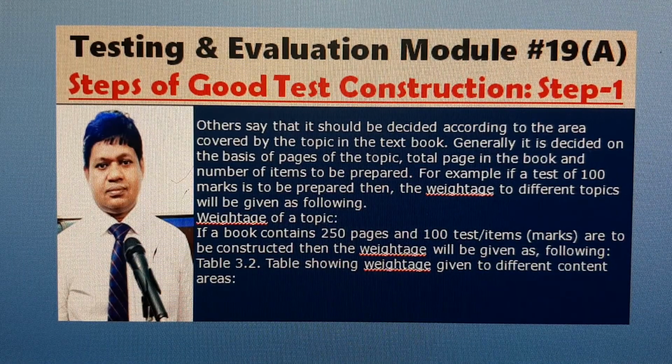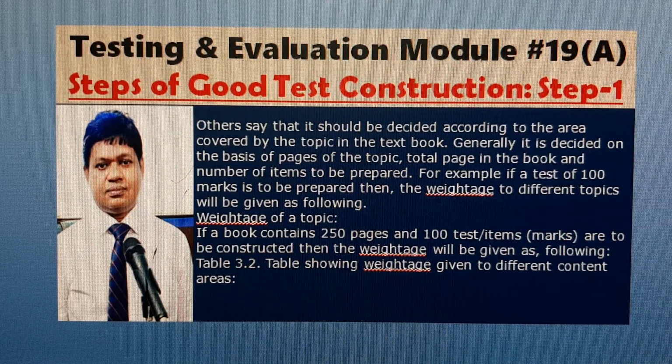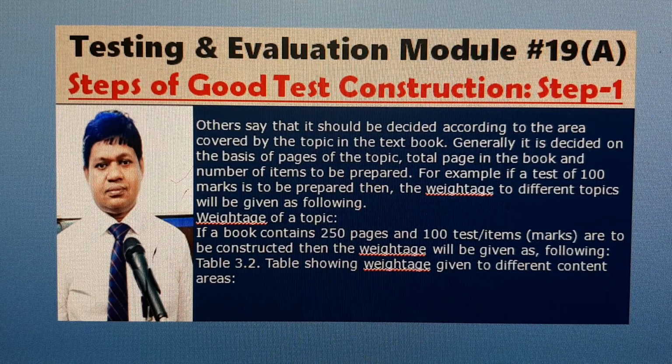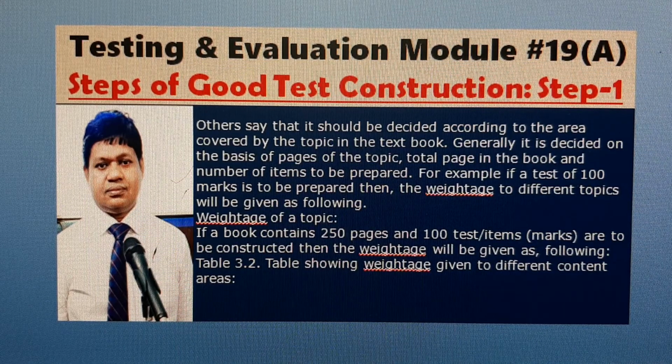Number 3, determining the item types. The third important step in preparing a table of specification or blueprint is to decide appropriate item types. Items used in test construction can be broadly divided into two types, objective type items and essay type items. For some instructional purposes, the objective type items are most efficient, whereas for others, the essay questions prove satisfactory.